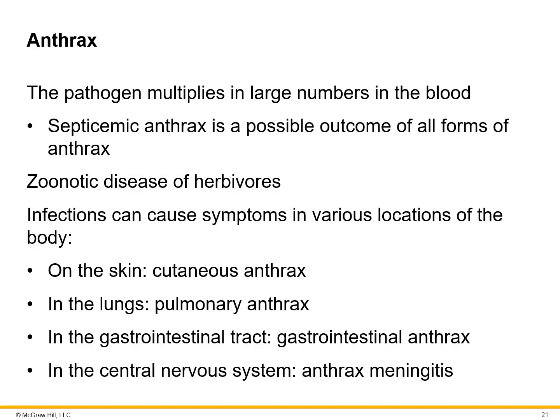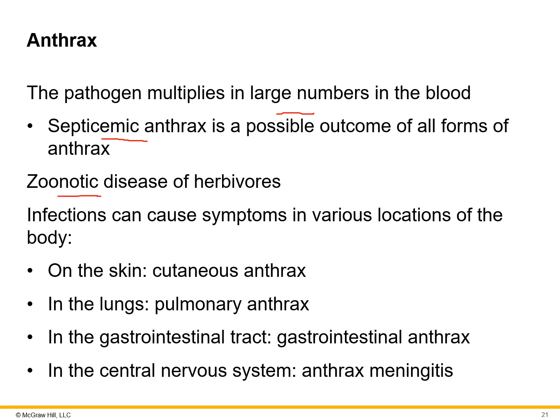If we look at anthrax, it multiplies in large numbers in the blood, so septicemic anthrax is a possible outcome of all forms. So again, if it gets into the bloodstream, it is able to multiply there. So this is an issue with any type of anthrax.